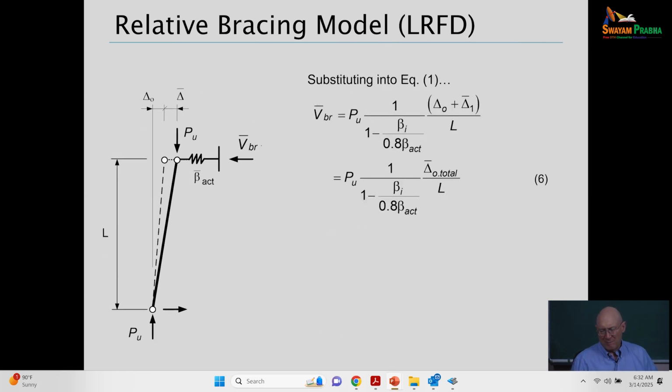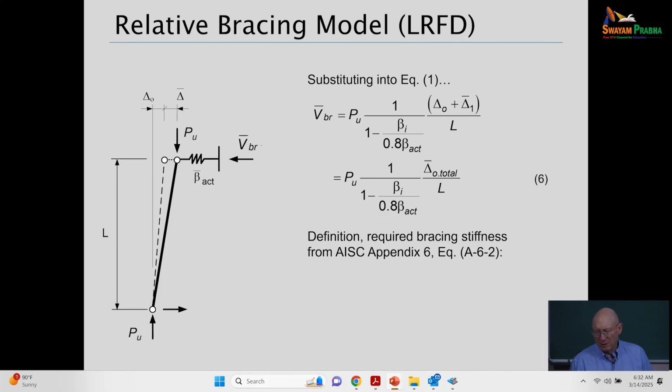If we substitute everything into equation 1, we can write the equation for that spring force as equation 6 here. And the delta bar naught total, that's delta naught plus delta 1 bar, but if delta 1 bar is 0, it's basically just delta naught.